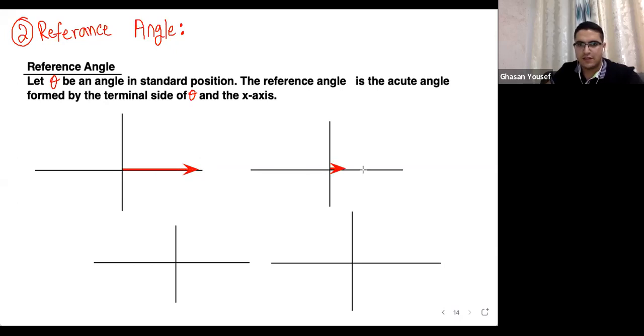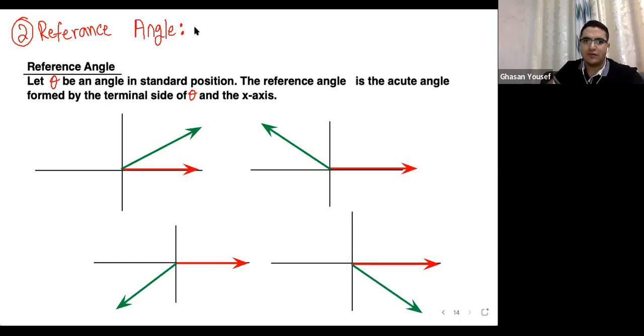Second one, here is the initial side again. Third one, here is the initial side, and this is my initial side. So I'm looking for the reference angle. For the first one, suppose my angle looks like this. For the second, third and fourth ones, suppose my angle looks like this.